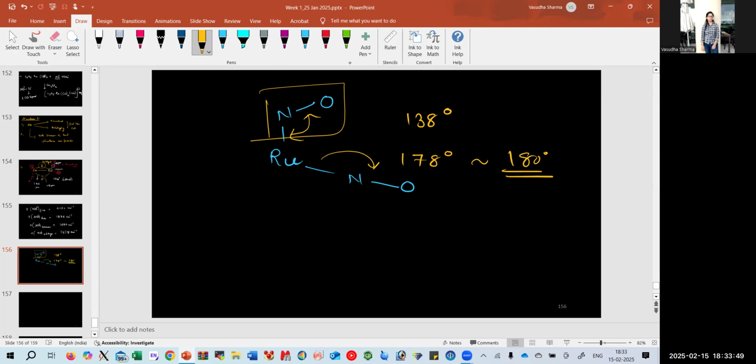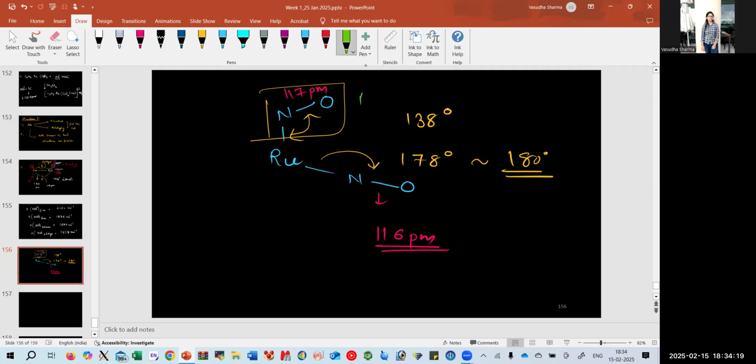Followed by that, we have bond distances, which is NO 117 picometer, and the bond distances are more or less similar because it's a bond distance between nitrogen and oxygen. The main feature that changes is the bond angle between the metal center, nitrogen and oxygen, where 138 degrees is in bent form and 180 degrees or almost 178 degrees in linear form.